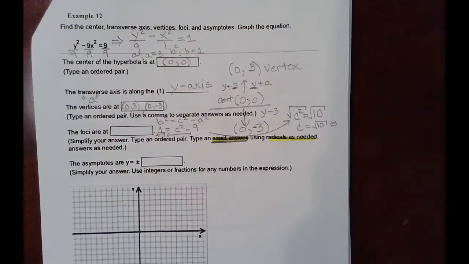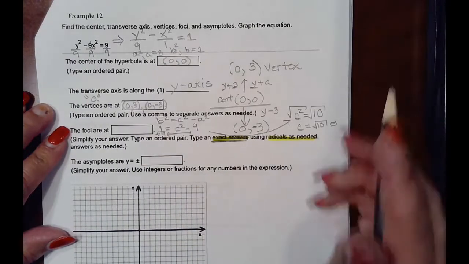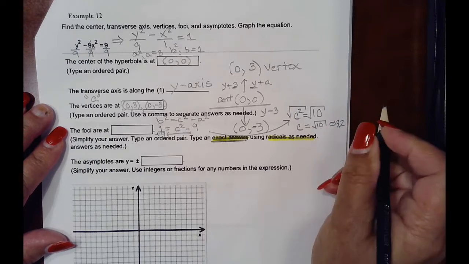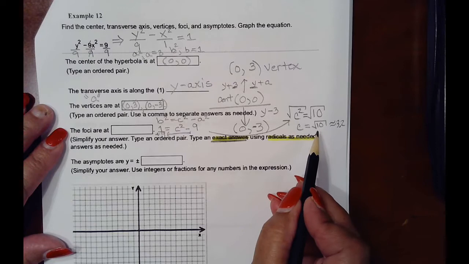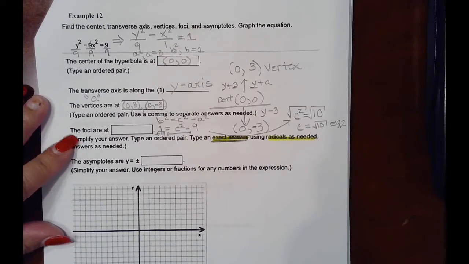So square root of 10 as a decimal just for later when we graph. Yeah, it's about 3.2. We'll use that later. You can't simplify that any further. If you broke this down, it would be 2 times 5, both of which are prime numbers. Therefore, leave them together as a product of 10.